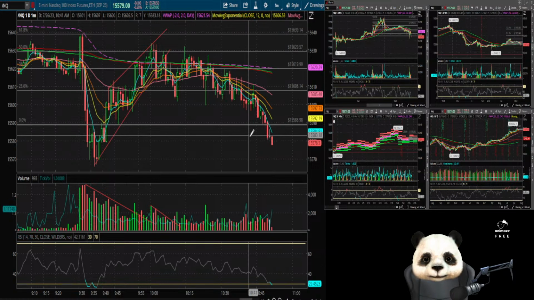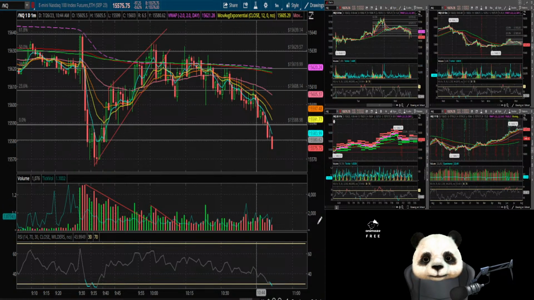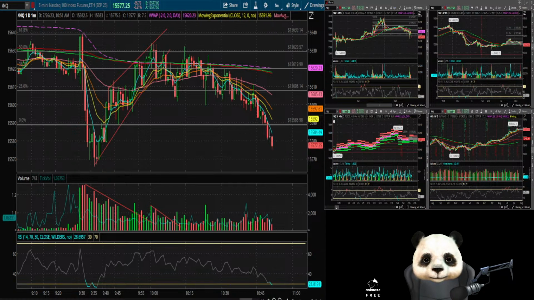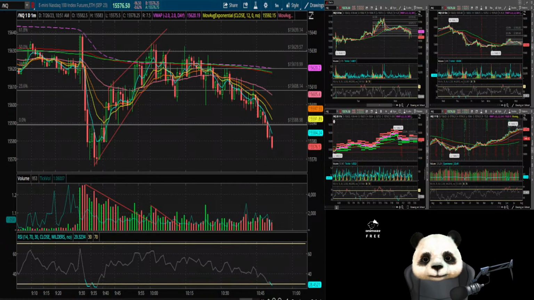There's that. Nasdaq looks to be predicting more movement to the downside. If we can break through this previous low, let's see what's gonna happen here.